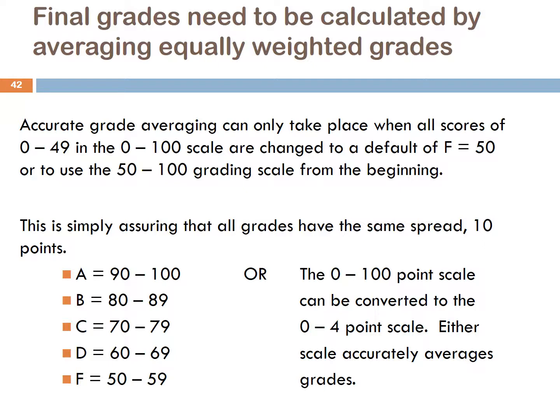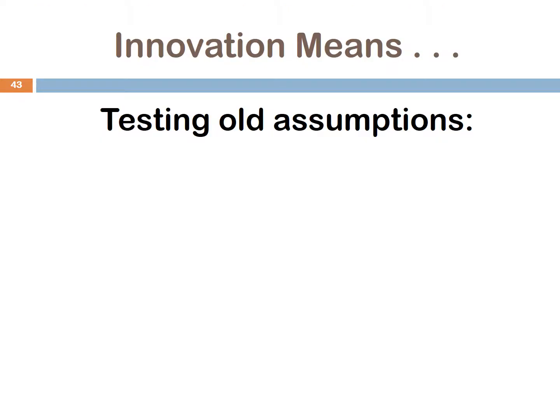So on the left, we have the 50 to 100 scale. On the right, it is also fine to use the 0 to 100 point scale and convert it to the 0 to 4 point scale before averaging. Either scale accurately averages grades.